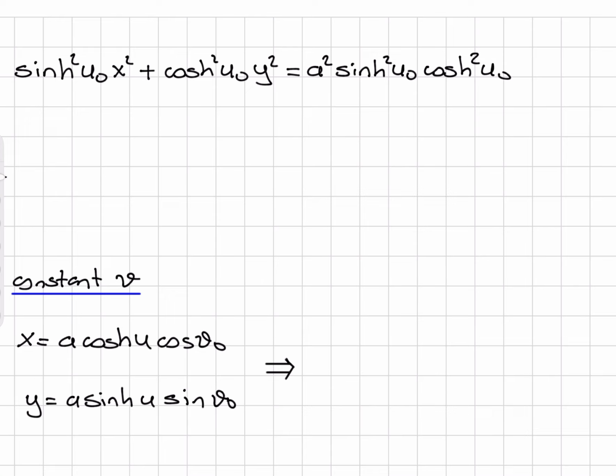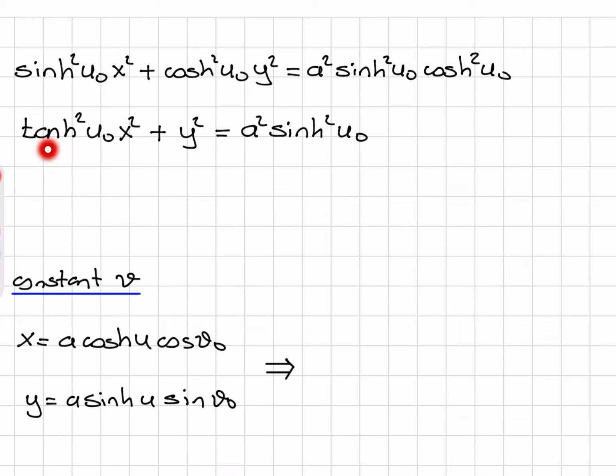If I divide this equation by cosh square u0, it actually becomes tanh square u0 x square plus y square is equal to a square sinh square u0, and then I'm going to divide it by a square sinh square u0.